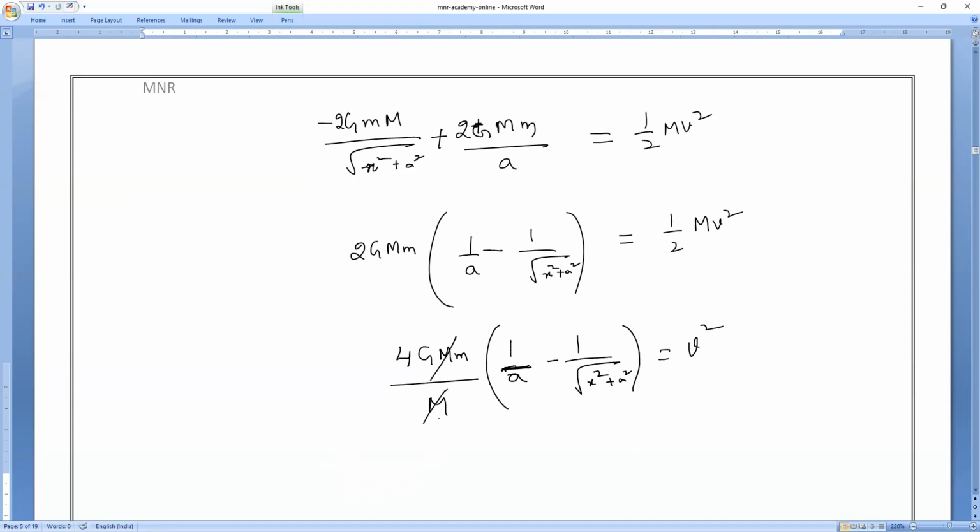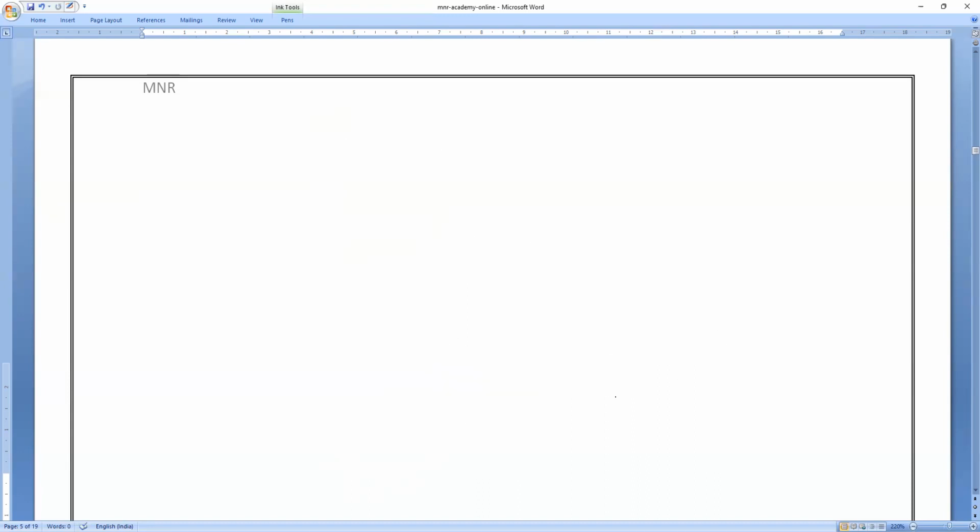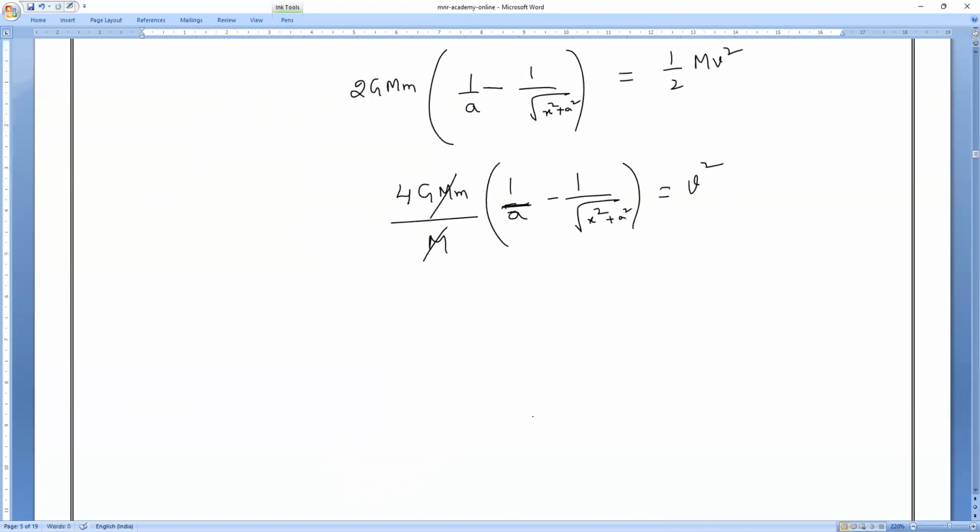Now small m will get cancelled. Now you can notice it. Take the LCM also. The LCM will become a times root over x square plus a square.